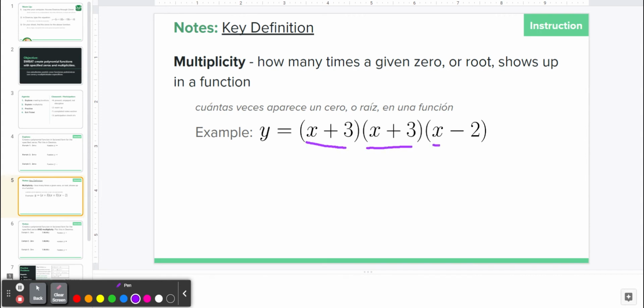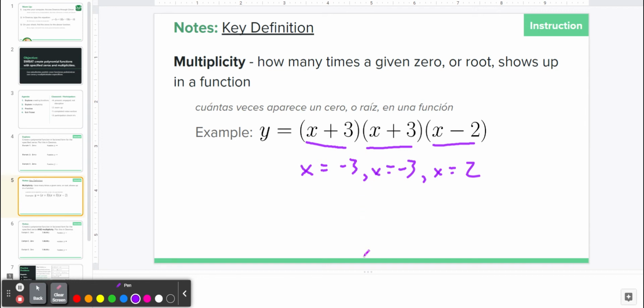and x minus 2. And if I calculated the zeros for each of those, I would get x equals -3, x equals -3, and x equals 2. Okay? This x equals -3, that shows up twice.